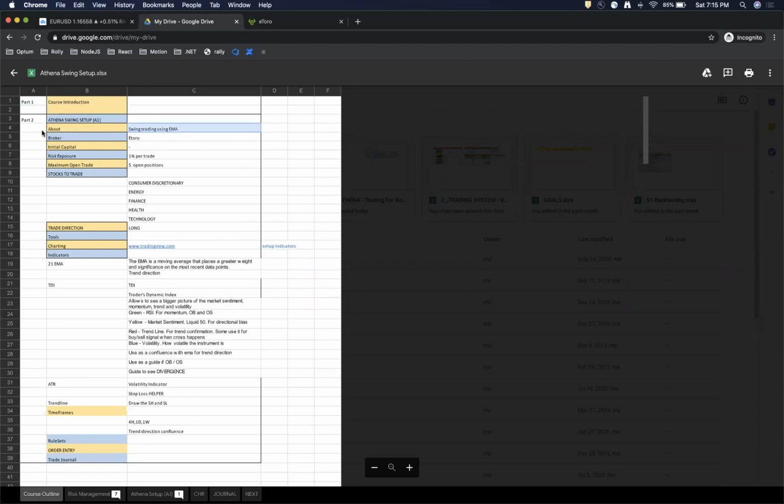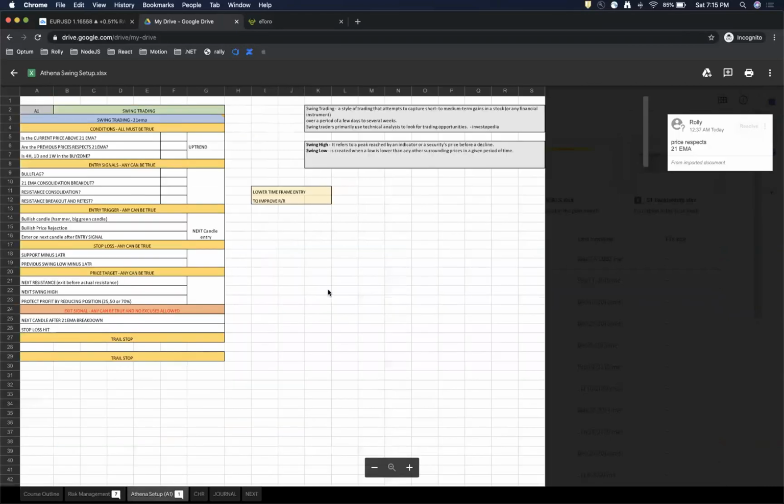Next, part two is swing trading. We know that swing trading, from Investopedia, is a trading strategy that attempts to capture short to medium-term gains in a stock or any financial instrument.